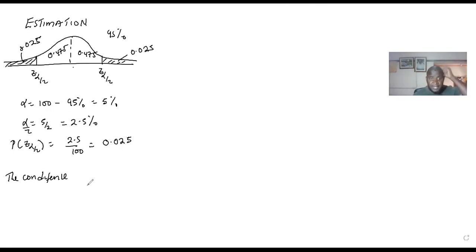So I was saying the confidence interval is defined by this expression: the mean x bar plus or minus Z alpha over 2 times sigma. This is for a population.